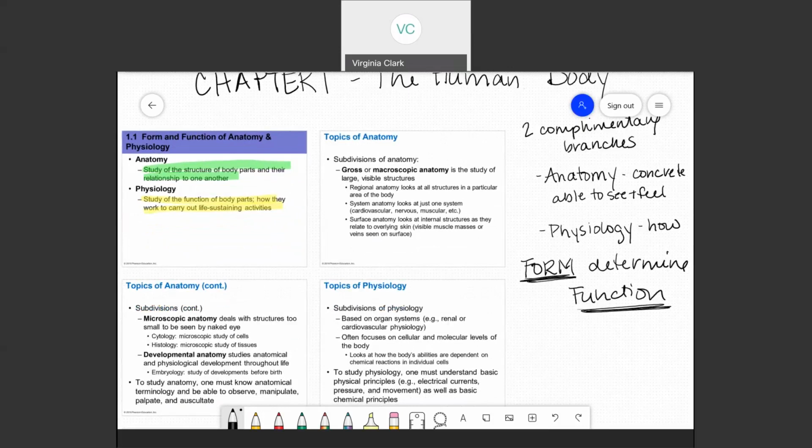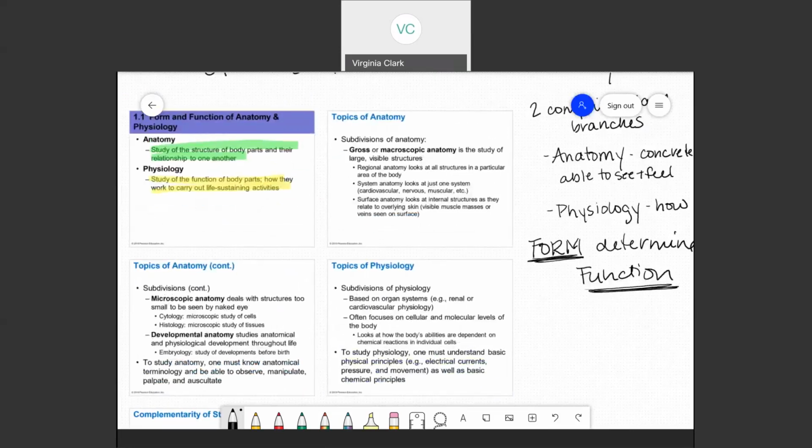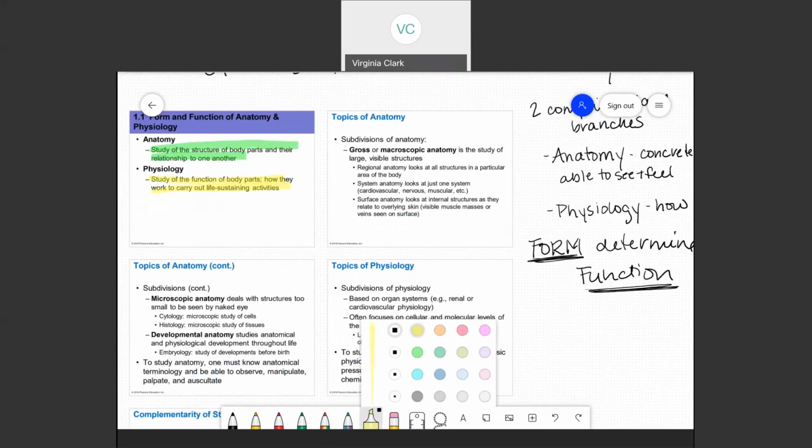Within the topics of anatomy, we're going to talk about gross and microscopic anatomy. Remember, this is what you are able to see and feel. Gross anatomy does not mean disgusting. Gross is the anatomy that you can see with the naked eye. You do not need a microscope.